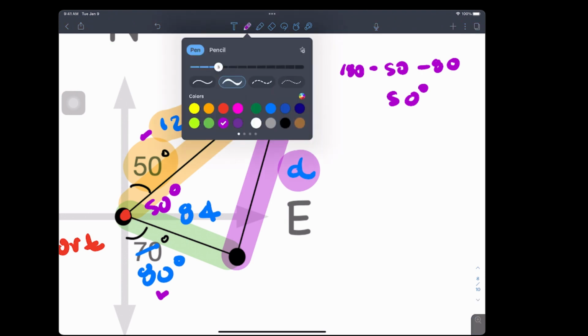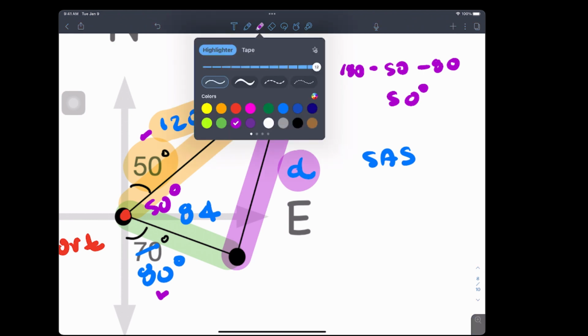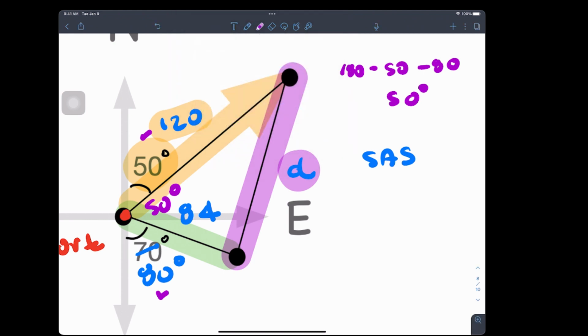There's a reason. Because we have side, angle, side, and we're trying to find the distance, this D here, that's opposite your 50 degrees.